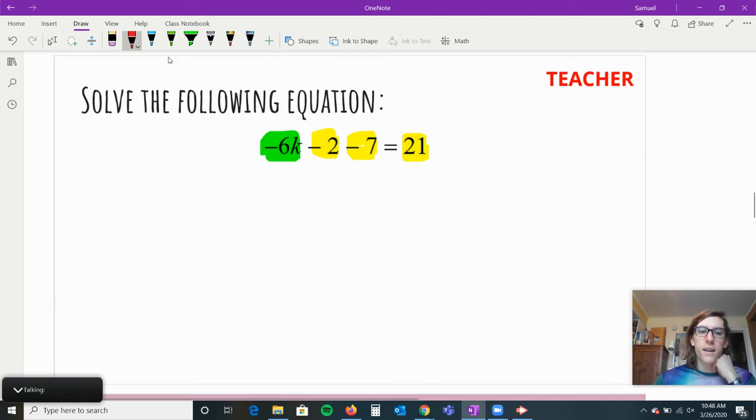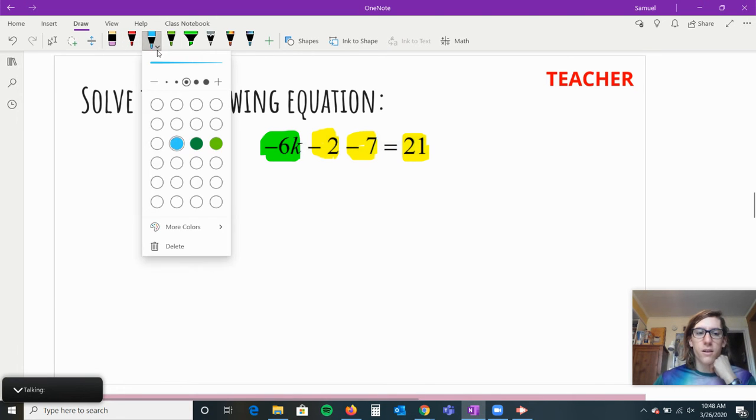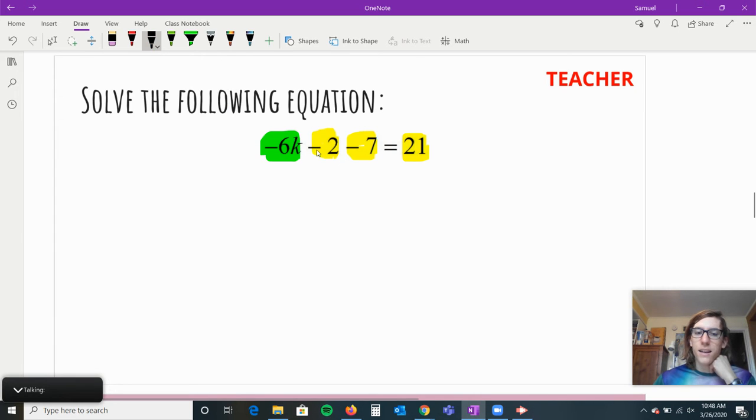So we need to combine any terms that we can before we start solving, right? So let's say -2 plus -7, or if you want to say -2 minus 7, go back 7. Either way, you've got 2 negatives and 7 negatives. Now you have 9.